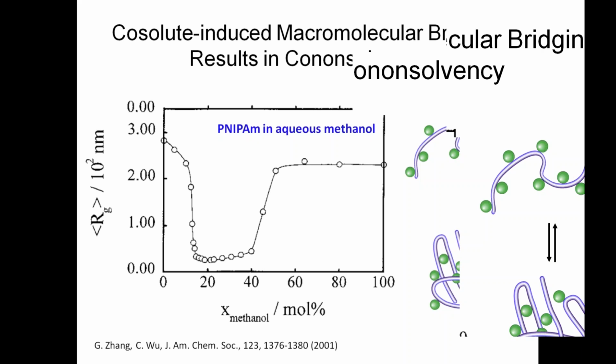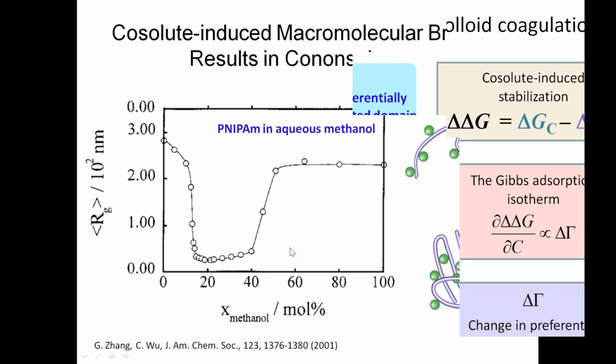And this feature is directly related to the bridging attraction. I will show later that the bridging attraction has this characteristic manifestation in the size of the colloid or the macromolecule, whereby it starts to decrease at low content of the cosolute, but starts to increase at a certain concentration.